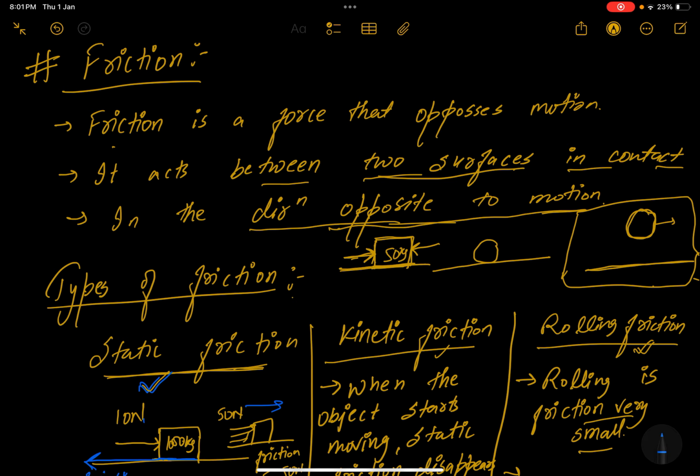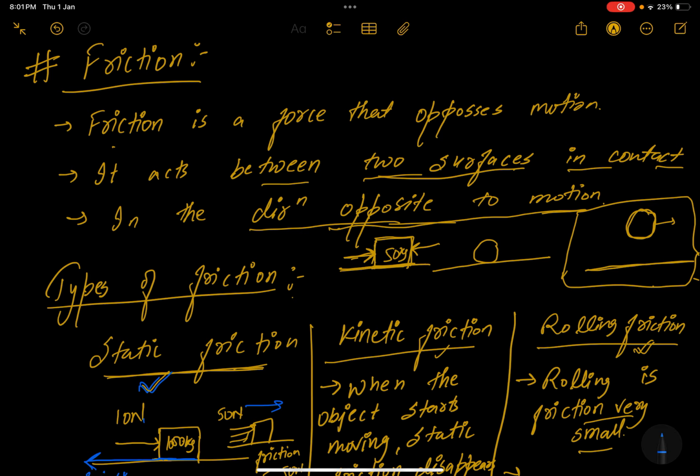And the third example can be what I have told earlier, the collision of balls. If two balls collide, if there is an increase in one ball's speed, there must be a decrease in another ball's speed.